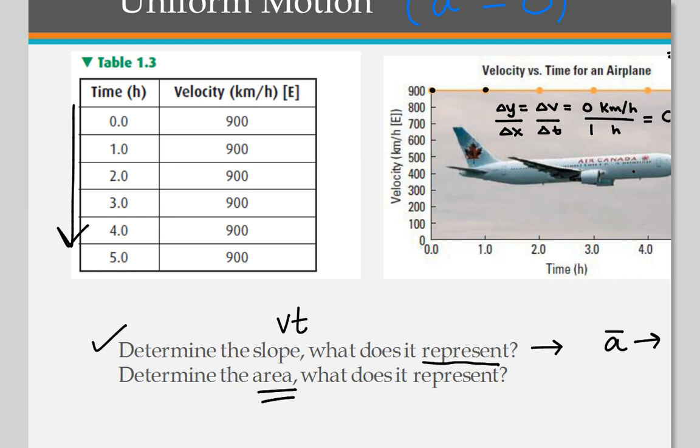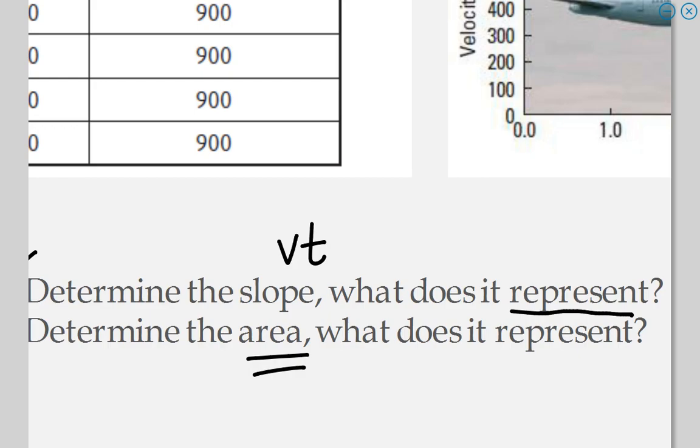And part of the calculus is determining area under curves. Now for us, we will only determine area for shapes we understand, so rectangles and triangles and stuff like this. That's all we will calculate areas of.